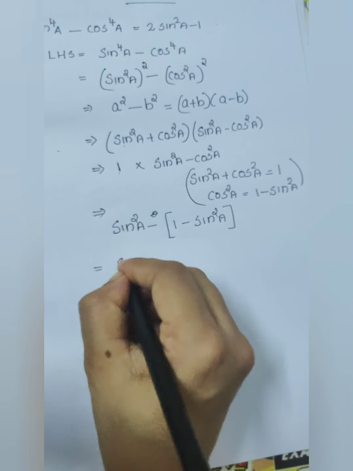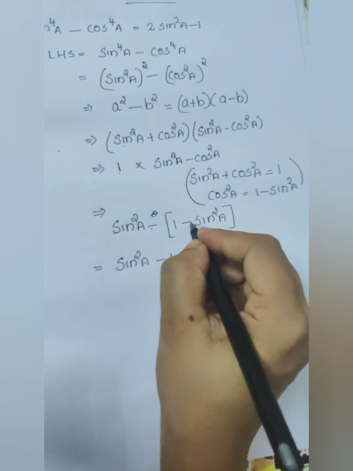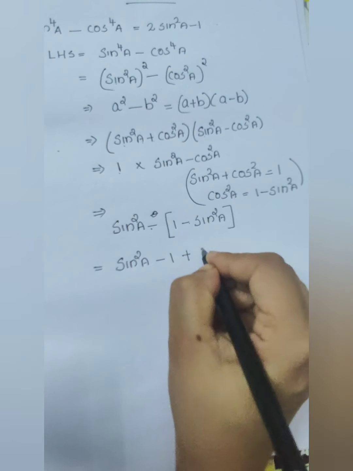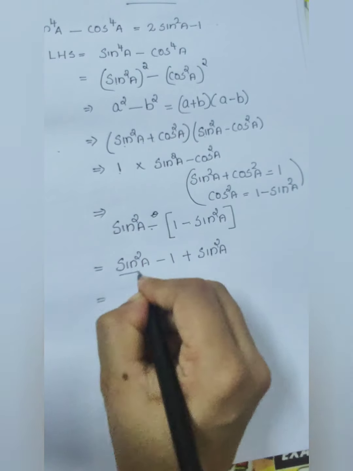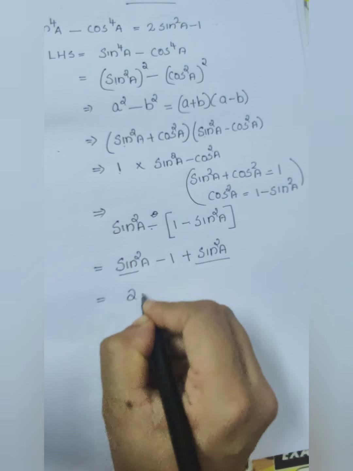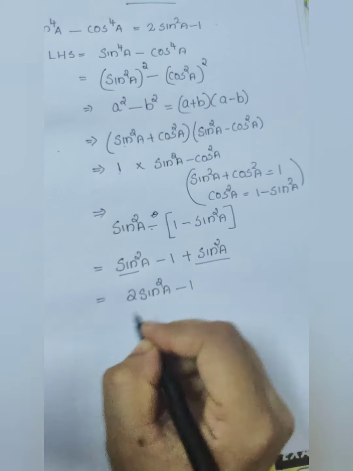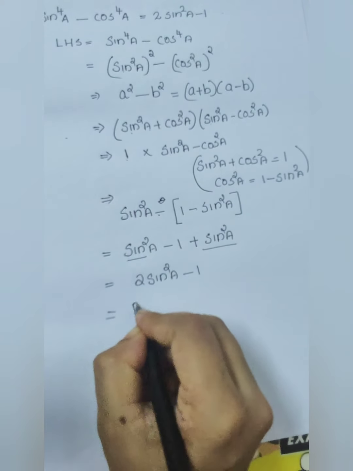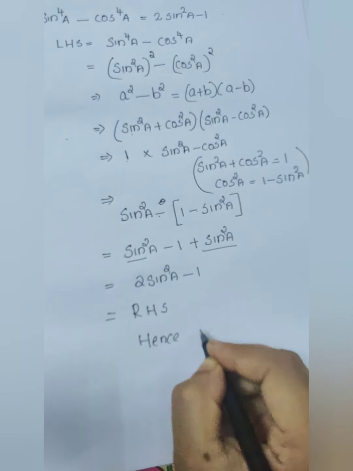Now sine square a minus 1, minus into minus plus sine square a. Sine square a plus sine square a, we will get 2 sine square a minus 1, which is equal to the RHS, hence proved.